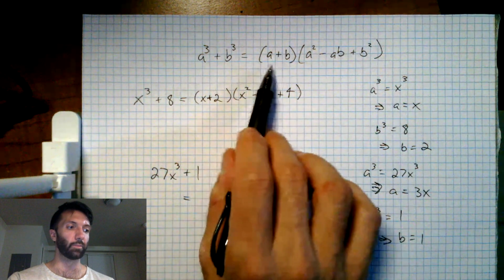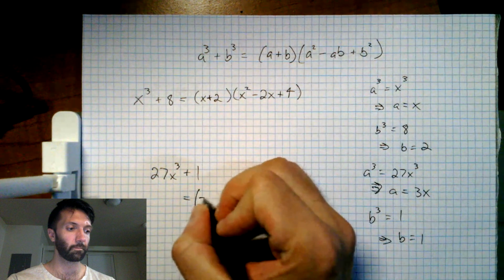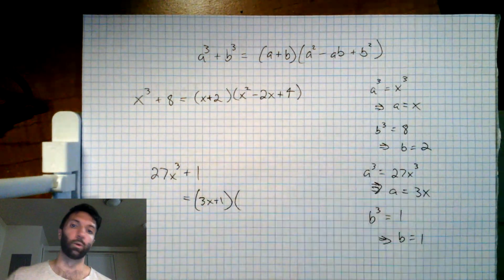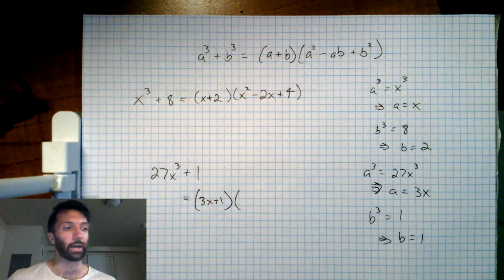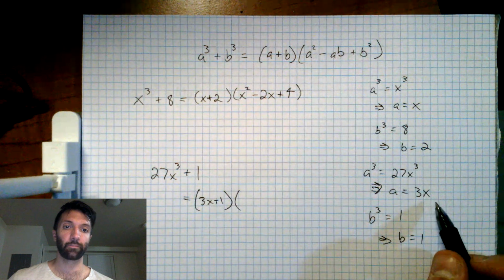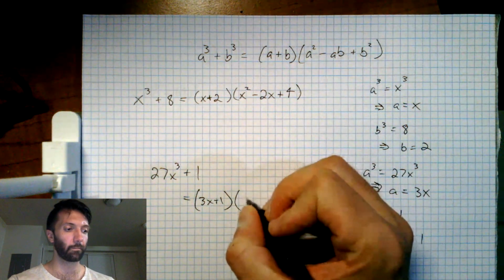So we start with the binomial a plus b, so that's going to be 3x plus 1. And now we're going to write out our trinomial. a squared: well, if a is 3x, then 3x times 3x is going to be 9x squared.